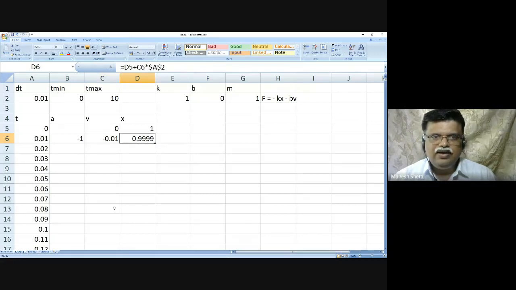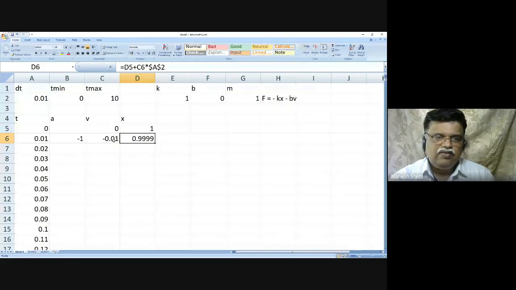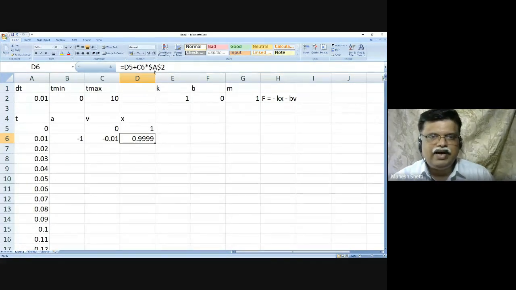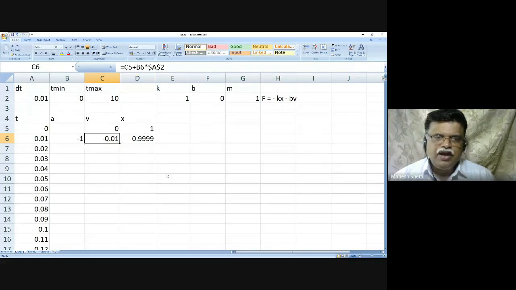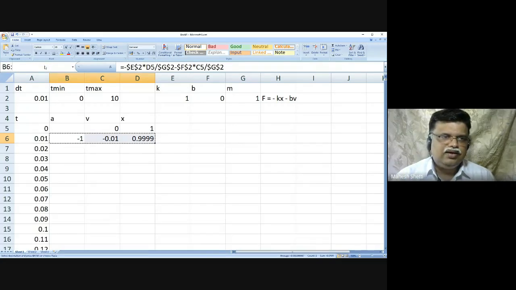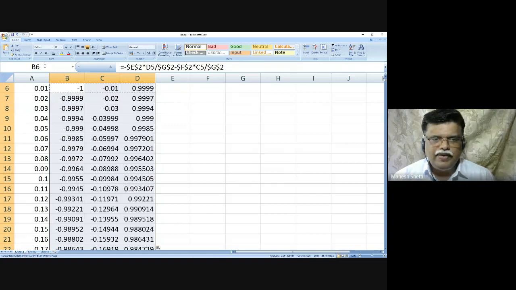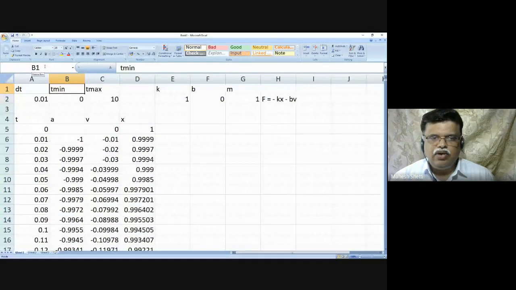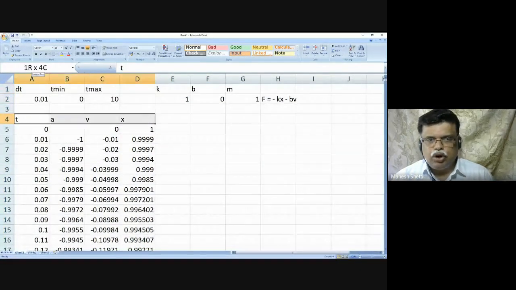So D6 is the earlier displacement plus C6, which is the velocity, multiplied by delta t, $A$2. Okay, I'm going to copy this up to the last cell. The last cell here is D1005. I copied this.